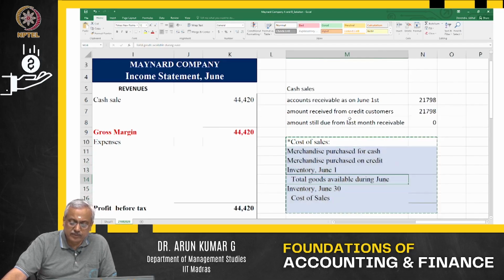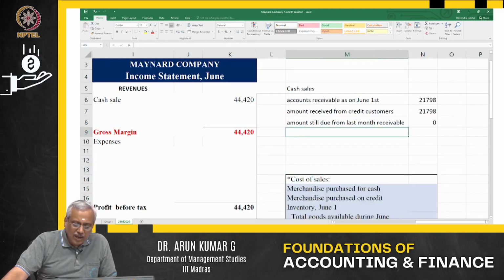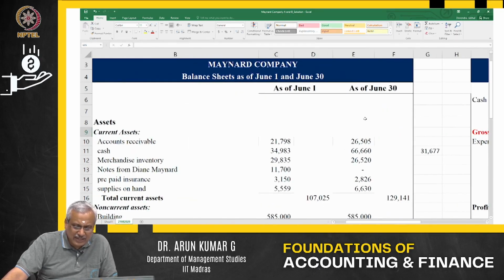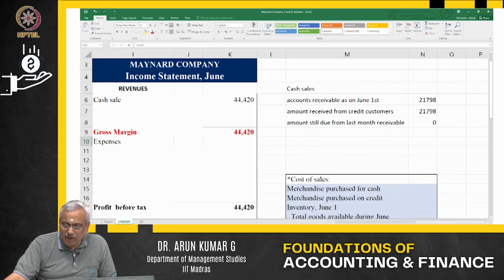Just going to move it down. Now, I go back to the balance sheet out there. As of 30th of June, there is this accounts receivable of 26,505, that is new accounts receivable that has basically cropped up. How does accounts receivable crop up?